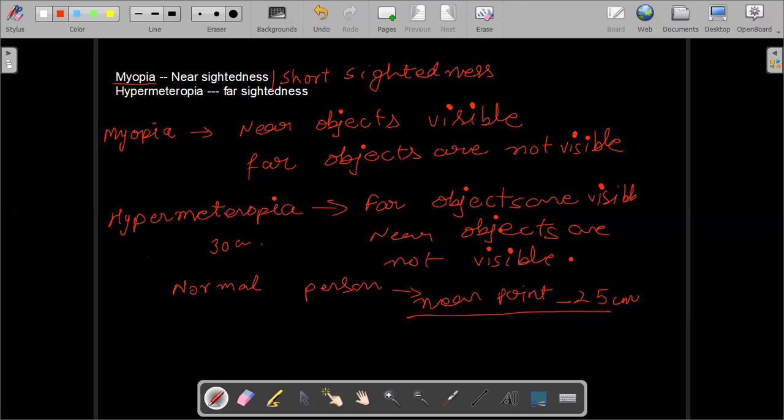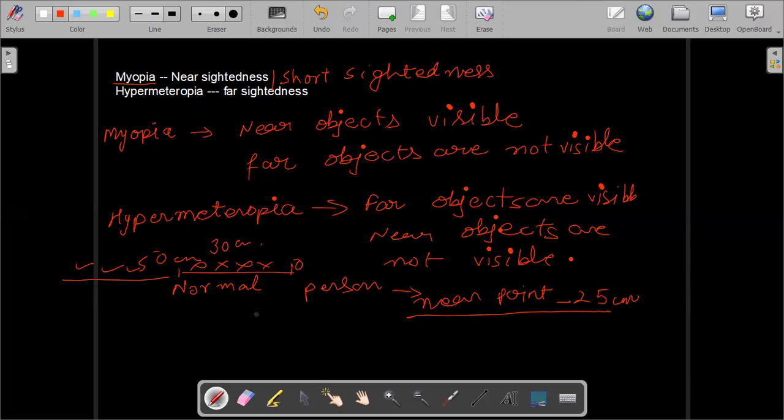Maybe he is able to see only up to 50 centimeter. He is not able to see the objects between 50 to 0 centimeter. This 0 to 50 is not his range. He can't observe the objects placed between this. All the objects placed beyond this, he is able to observe. He can see all these objects. But the objects placed between 0 to 50 centimeter, he can't see.